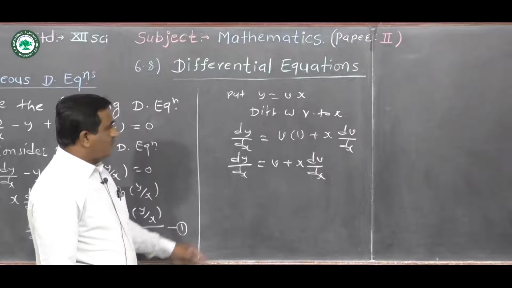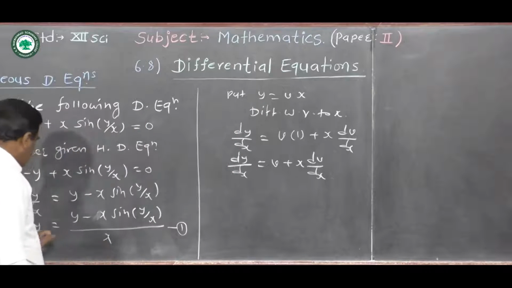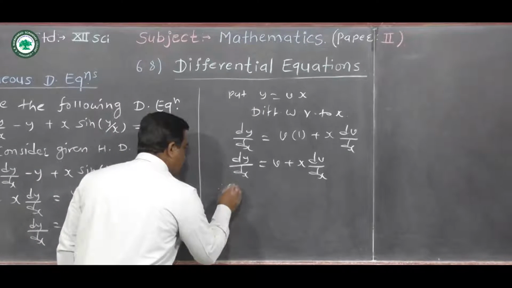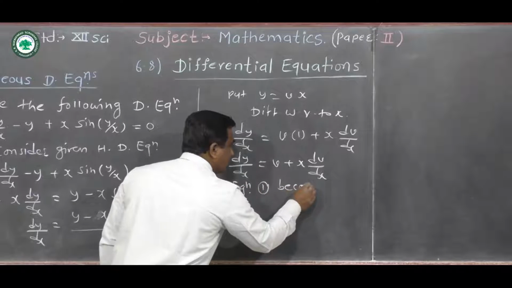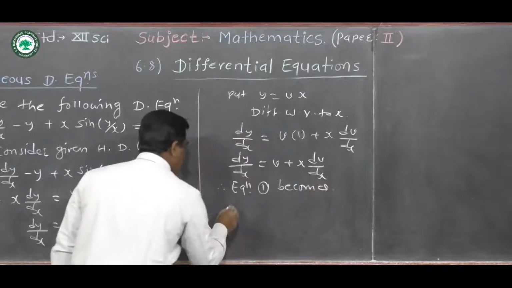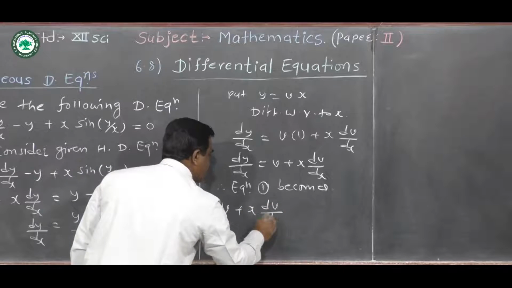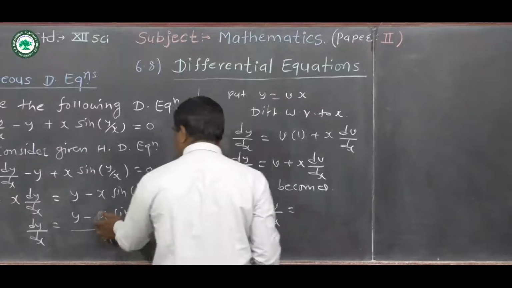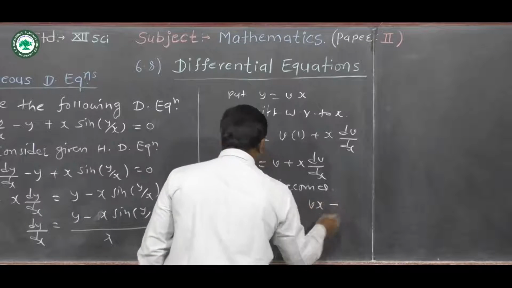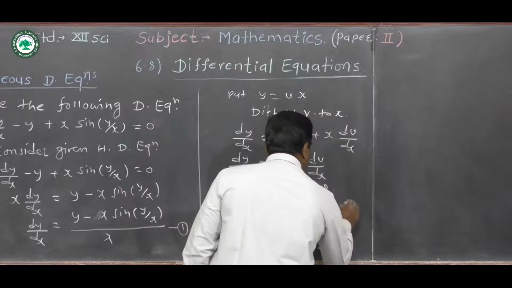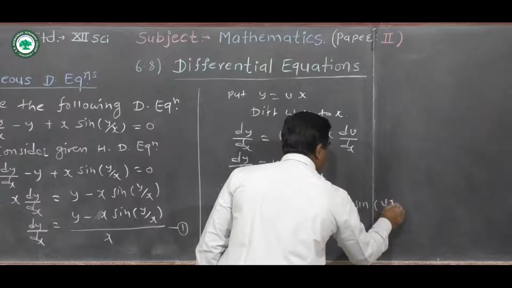Now put these two values, the value of dy/dx and the value of y, in equation 1. Therefore, equation 1 becomes v plus x dv/dx is equal to vx minus x sin(vx upon x).